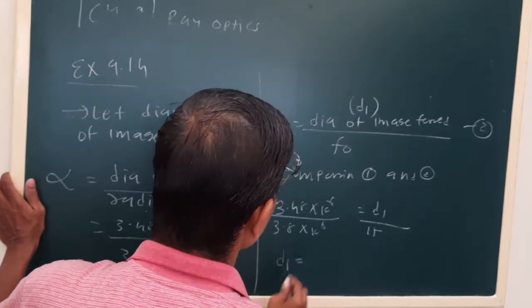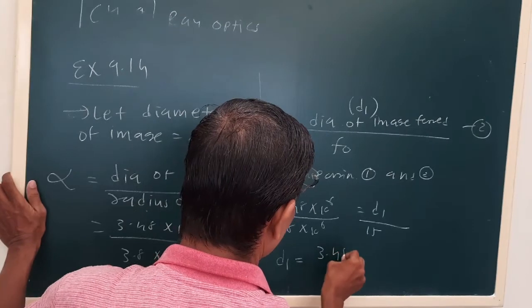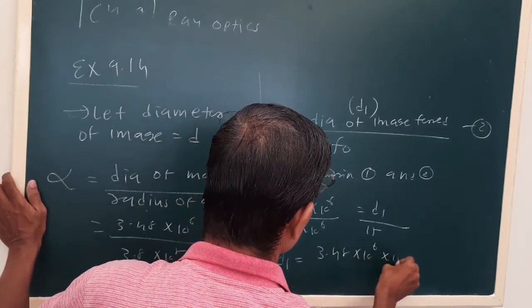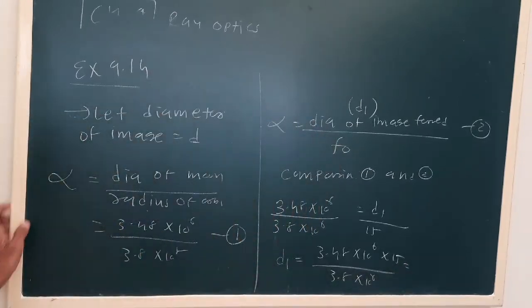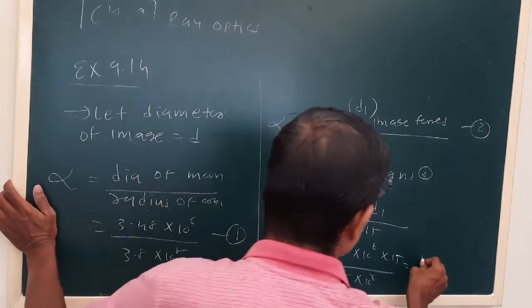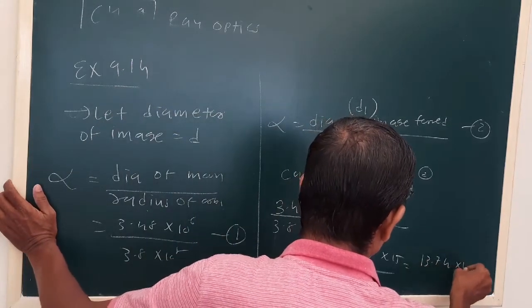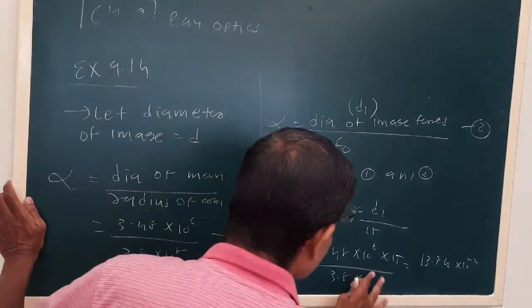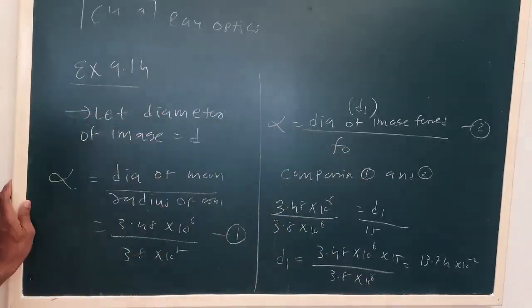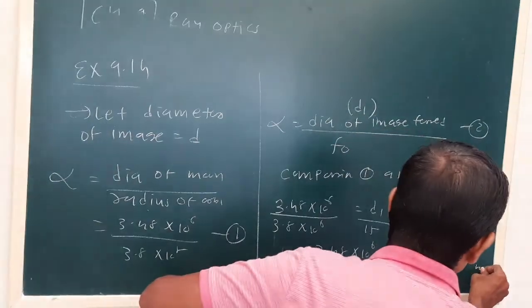So D1 will be 3.48 times that ratio. If we solve, this turns out to be 13.72 into 10 to the power minus 2 meter.